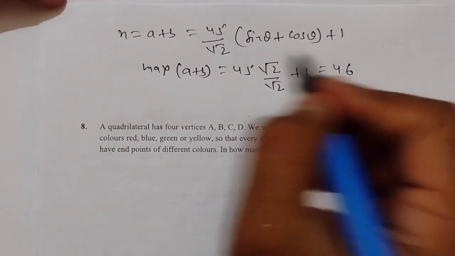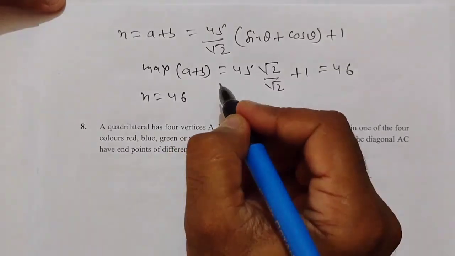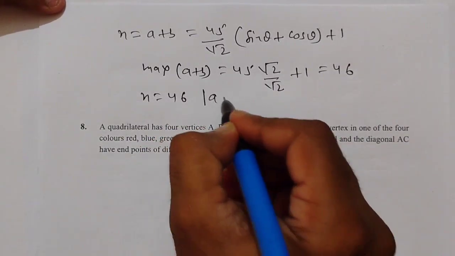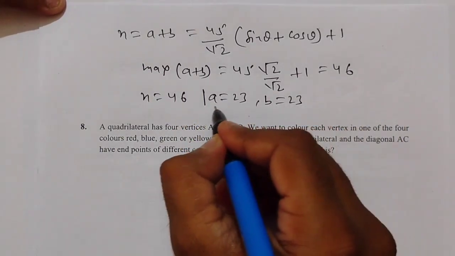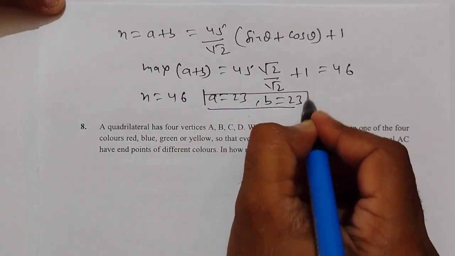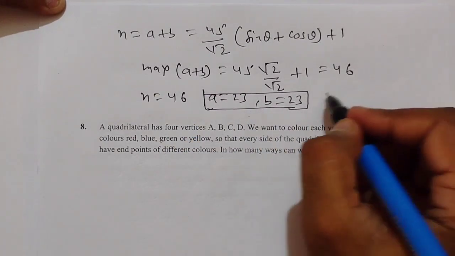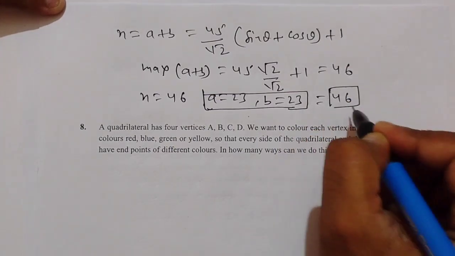So now we have the value of n is equal to 46. This is the maximum integral value, when a is equal to 23 and b is equal to 23. So the total value of a plus b is equal to 46.